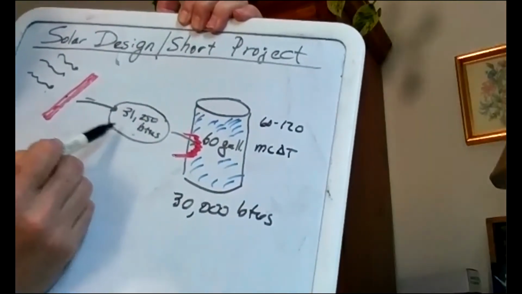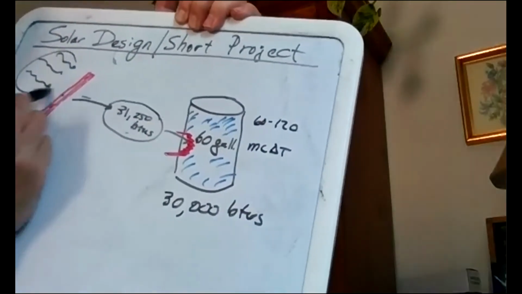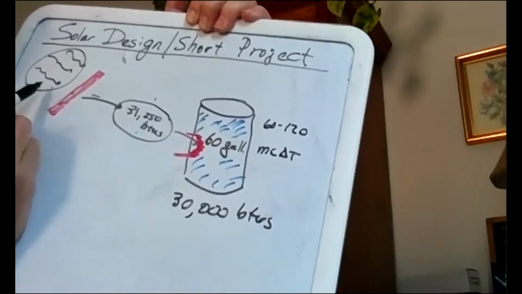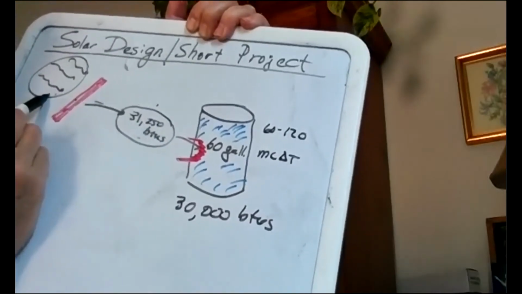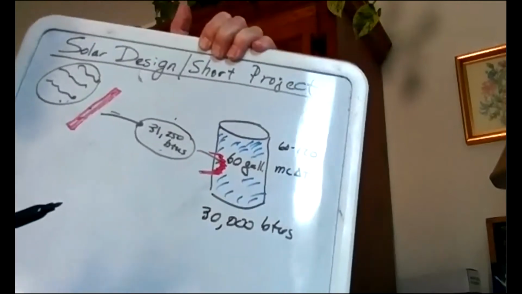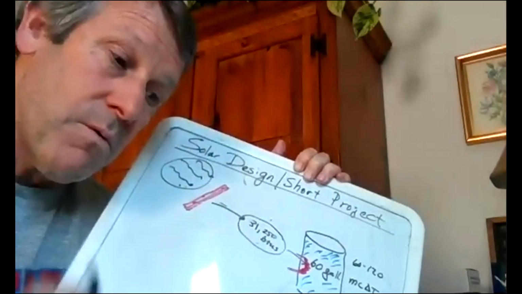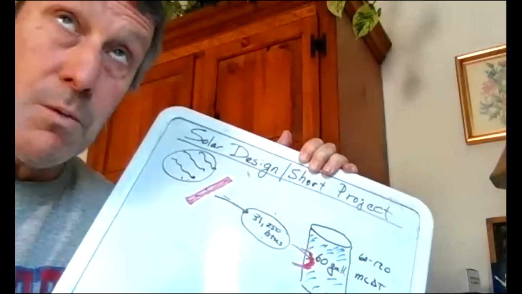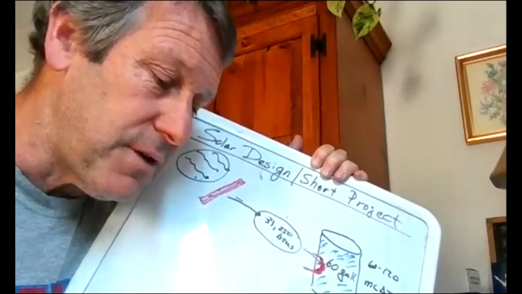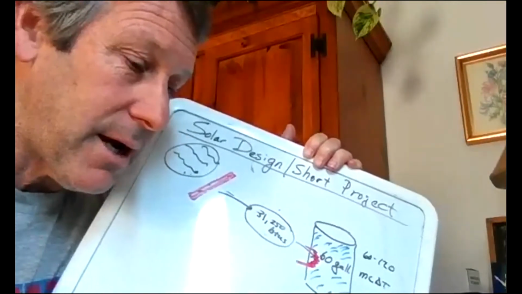So about 15% of the energy hitting here is going to be captured, and that allows us to go backwards and get what this energy is here. I'm just going to do a quick calculation on that. 31,250. What number do I need so that I get 31,250? I'm going to round off on my calculator.